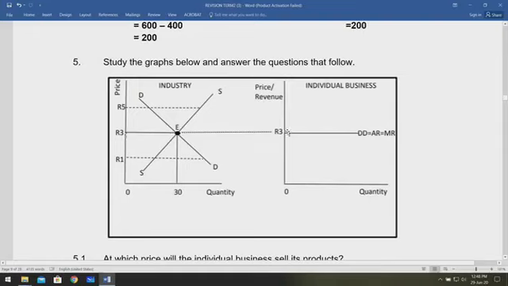So therefore, the demand is perfectly elastic, meaning the price doesn't change. They've got no control over the price, so therefore they are known as price takers.